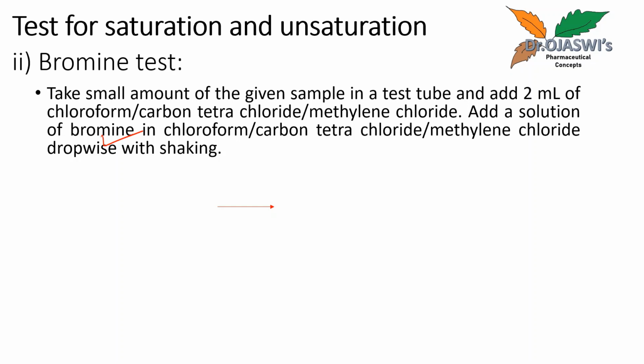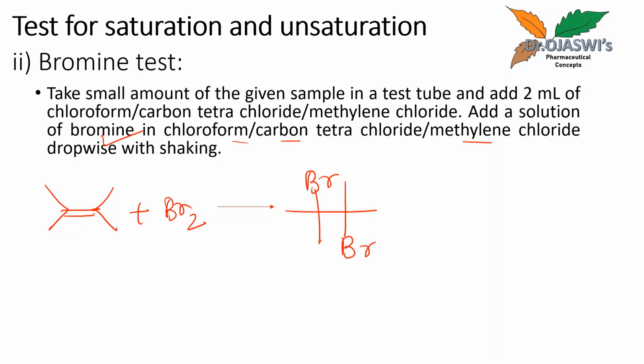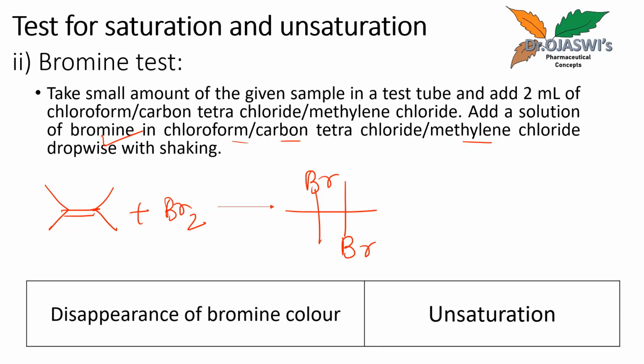If I have a double bond, the bromine gets attached across the double and triple bonds, that is the unsaturation, and makes them single bonds, that is, makes them saturated. So disappearance of the bromine color gives us the idea of the presence of unsaturation.